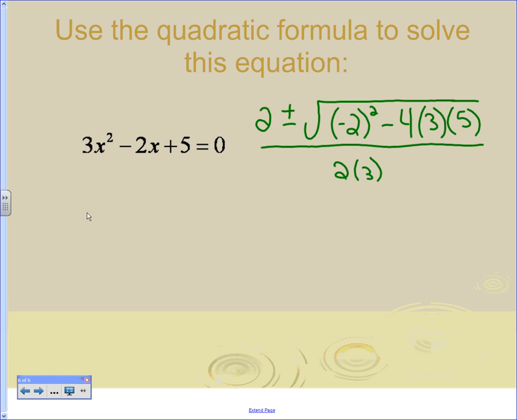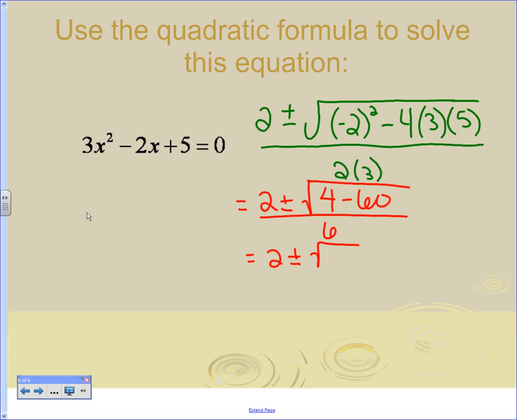Okay. So, negative 2 squared is minus all over. Any questions so far? Mm-hmm. 4 minus 60 would give you what?